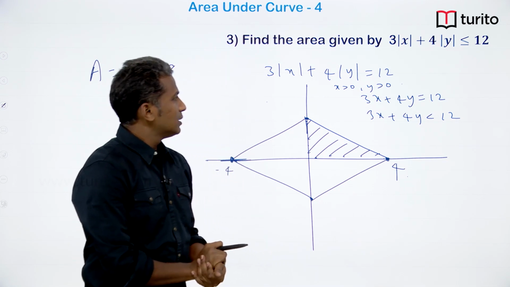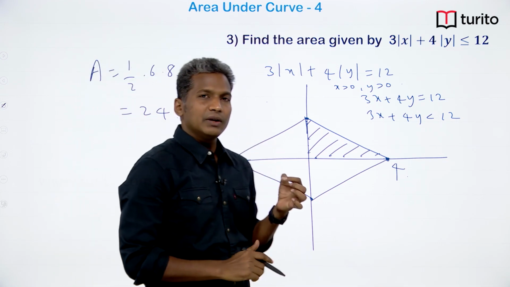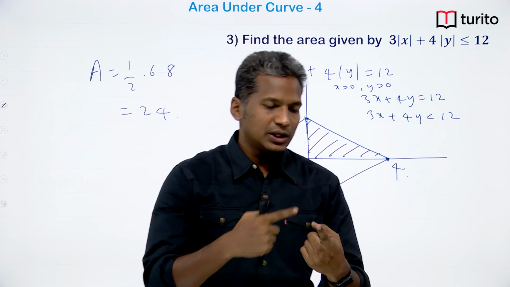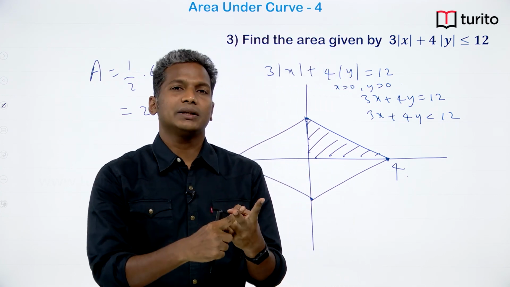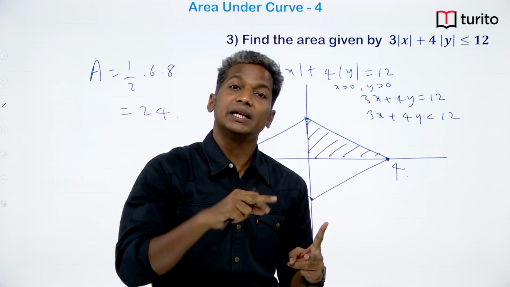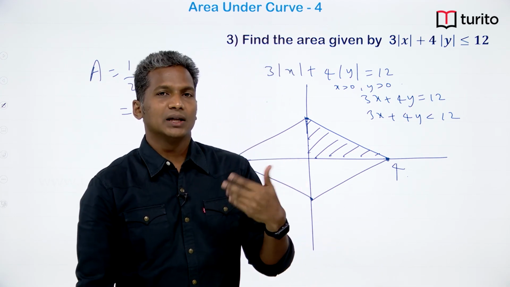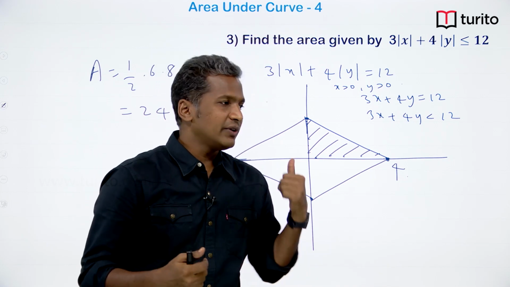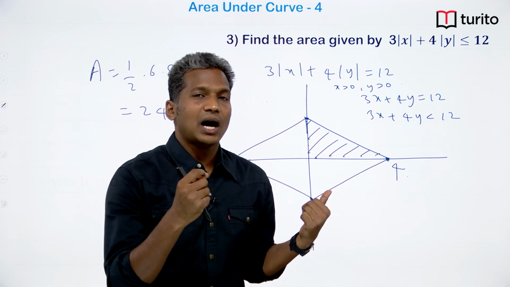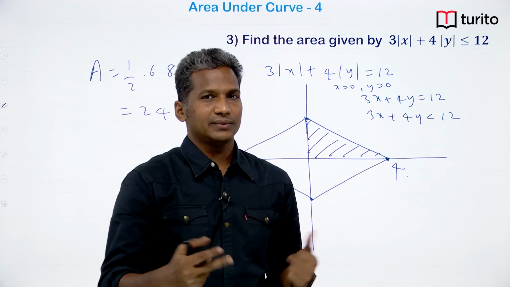Okay. But here if you notice, there is symmetry, there is inequality. You should know how to handle them in any situation, any case. And on the other hand, what we have here is the idea of not using integration.